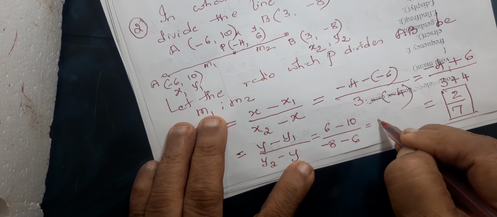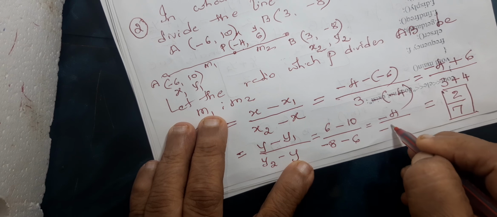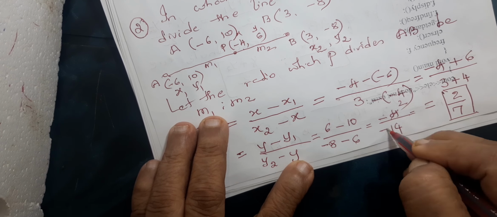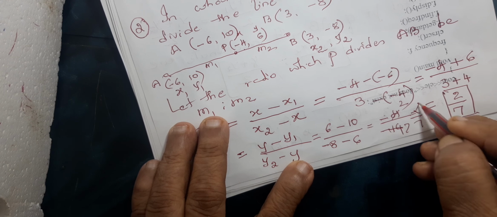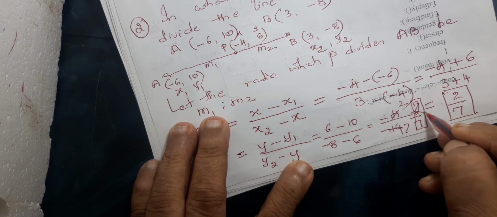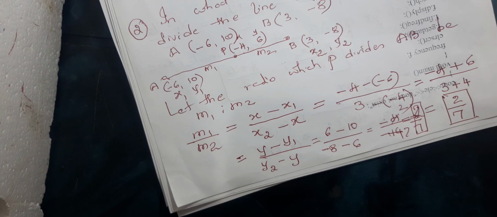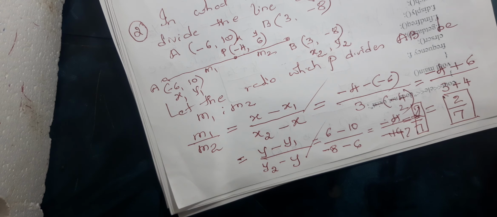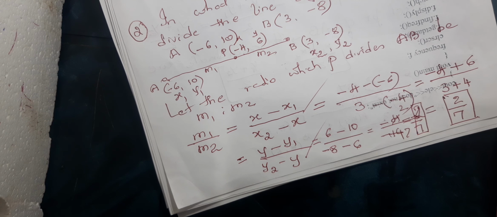So this is equal to minus 4 by minus 14, and minus into minus will become plus. 2 twos are 4, 2 sevens are 14. See, you are getting the same ratio, 2 by 7. So ratio you have already got. Either this way or this way you can do, and I am going to stop now because it's time.